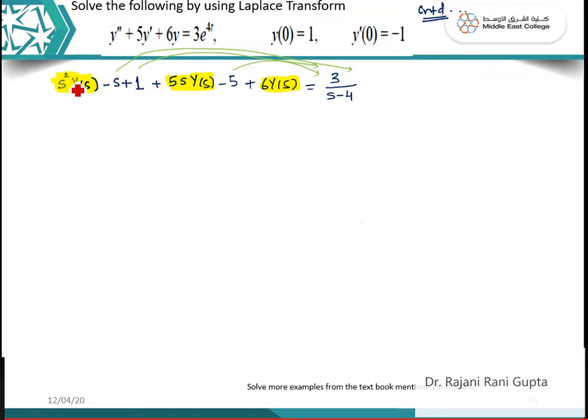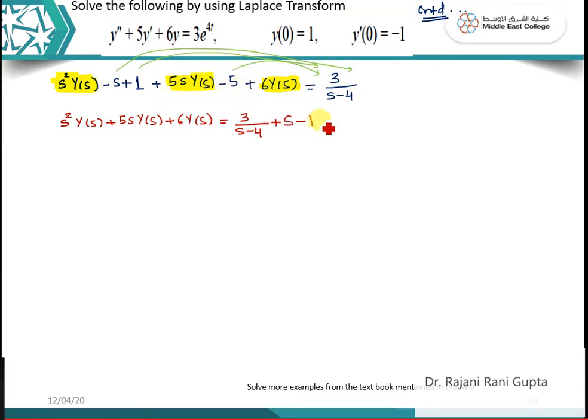When we do this, we are keeping s square y of s plus 5s y of s plus 6y of s on the same side. We have on the other side 3 over s minus 4. Minus s goes to the other side and becomes plus s. Plus 1 on the other side becomes minus 1.